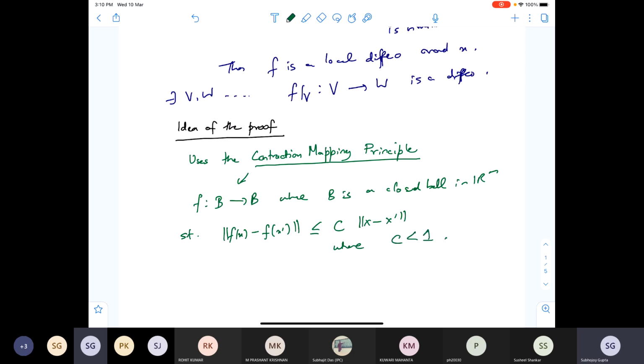Okay, so the distances are decreasing. So the contraction mapping theorem says then f has a fixed point. In fact, it's a unique fixed point in B, right? So in other words, there's some point x naught in B where f of x naught is equal to x naught, right? That's a fixed point.